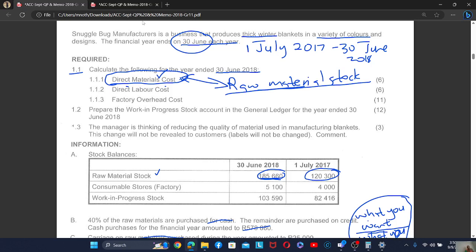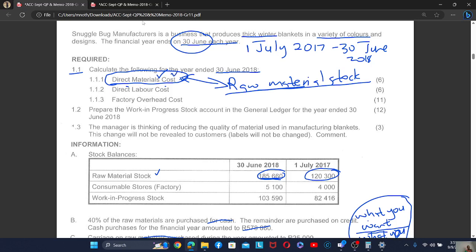So when the business is sending the raw material to the factory, the raw material stock in the storeroom is decreasing, right? Yes. So when it is decreasing, the direct material cost is created, because this is the raw material that is being sent into the factory.